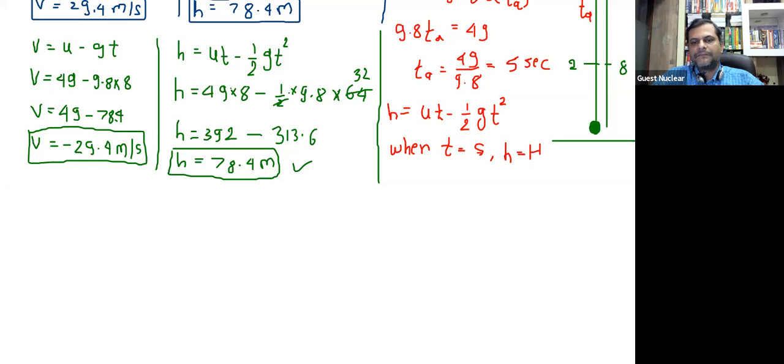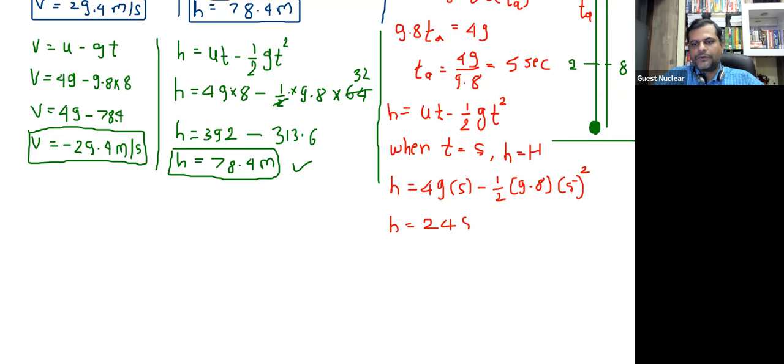So let us try what happens. So h becomes equal to u, which is 49 into 5. Okay, ये 5 बन गया, minus half of g, which is 9.8, and that is multiplied with time square. T is going to be again 5, right? So it's 5 ka square. Yes, if we solve this further, then we can get it as 49 into 5, which is 245.